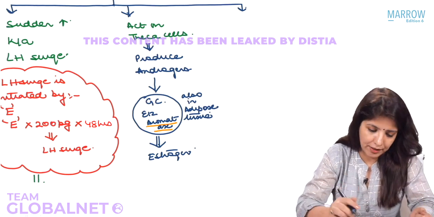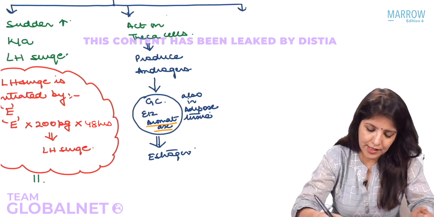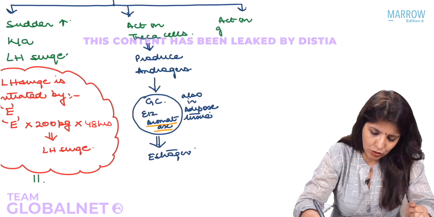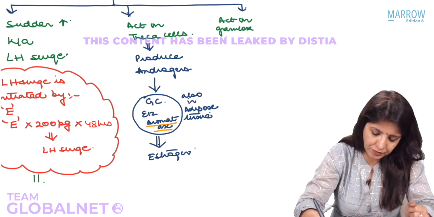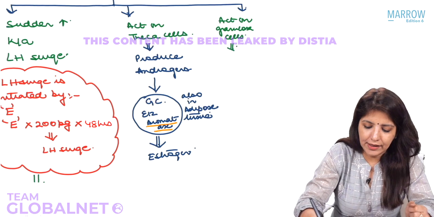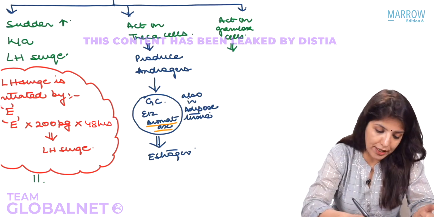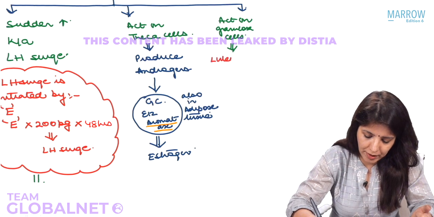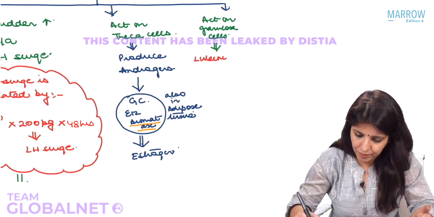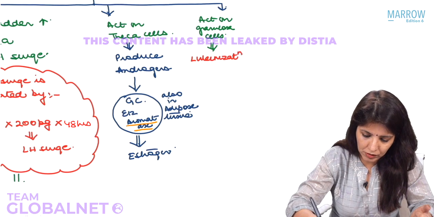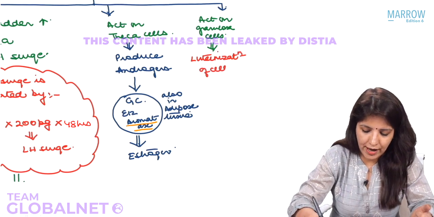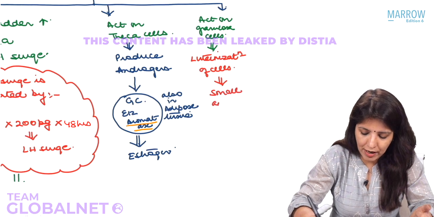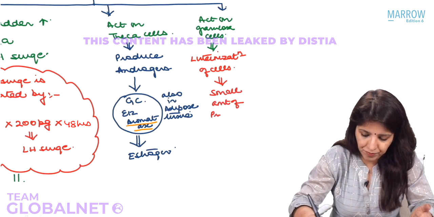Now, the third thing is this LH will also act on the granulosa cells. In the granulosa cells, it is going to bring about luteinization of the cells, and from the cells it releases small amounts of progesterone.